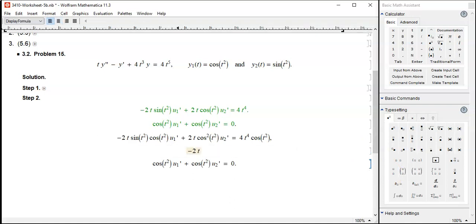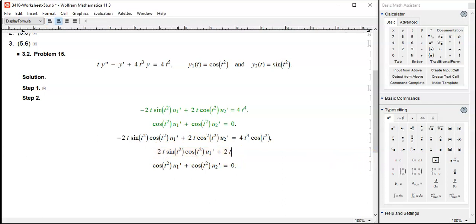Negative 2t sine of t squared times cosine of t squared, which was there before, times u1 prime plus negative 2t. As a matter of fact, why am I doing negative? I'm going to add those up.